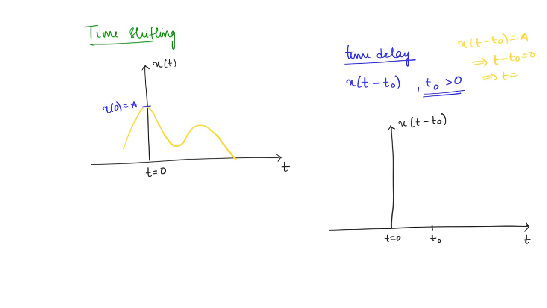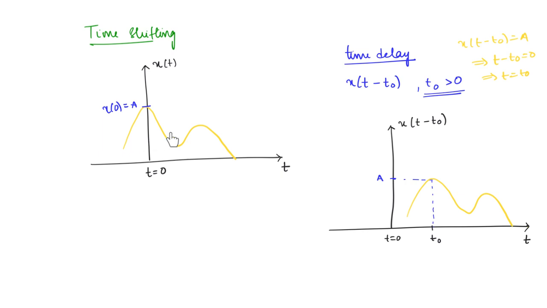So t should be equal to t naught. That means at t is equal to t naught, this particular signal is going to have a value a. So if a is here, then this is where the peak is going to lie. This peak here is going to come on to this point. So the graph is going to look like this.